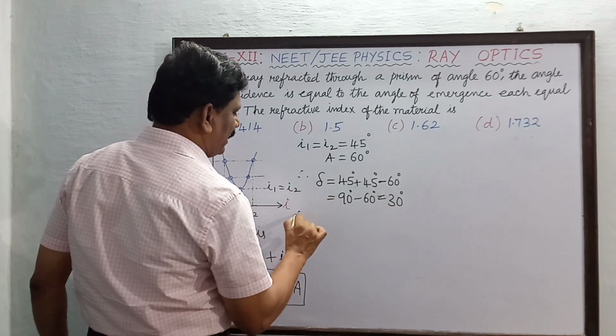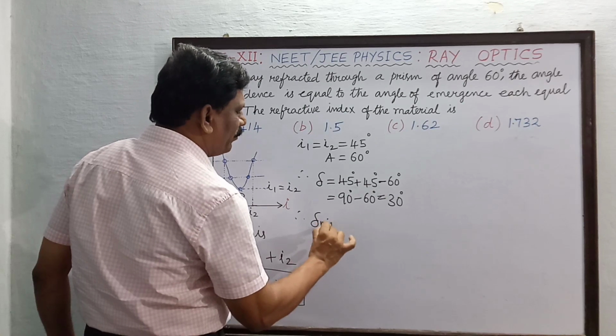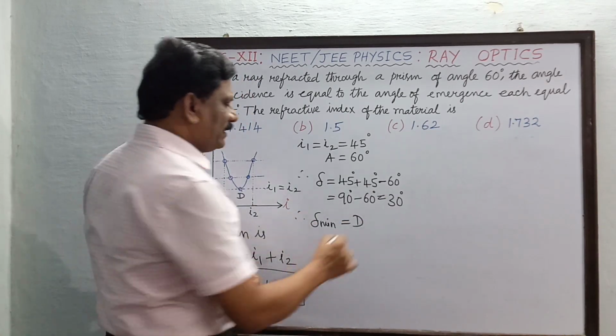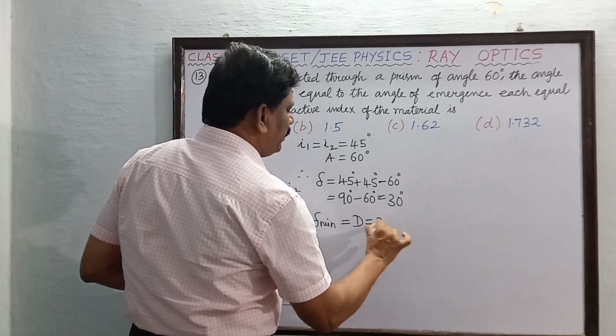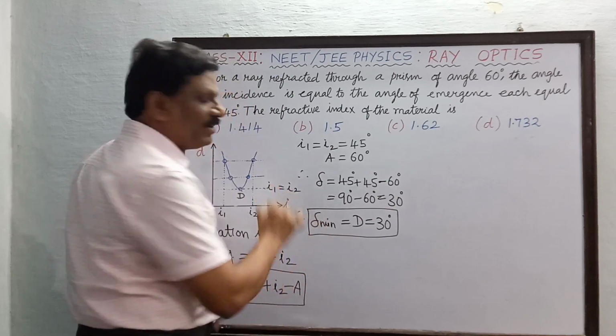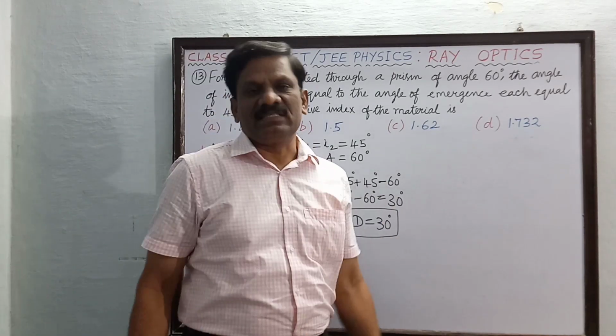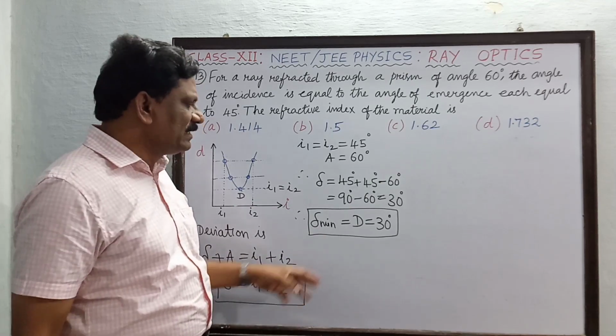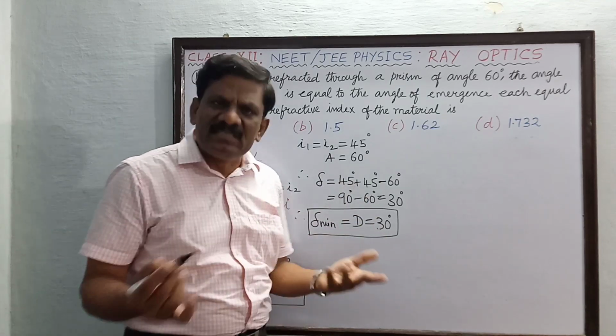So this is delta minimum, which is also represented in the usual symbol as capital D. So this is now equal to 30 degrees. This is another very important piece of information you must understand. Now the angle of the prism is 60 degrees and the angle of minimum deviation is 30 degrees.